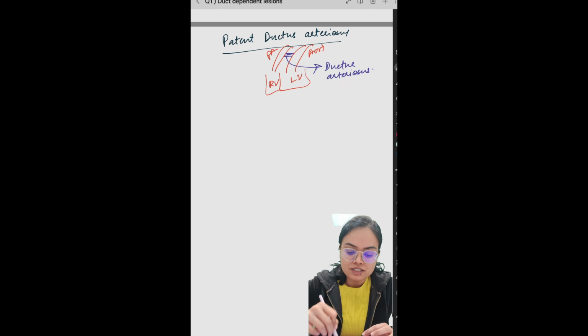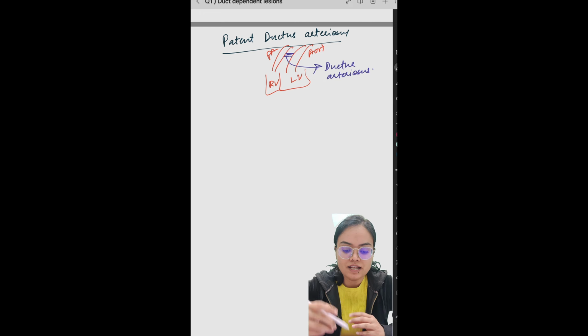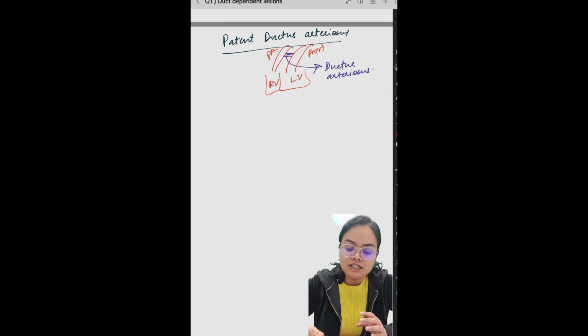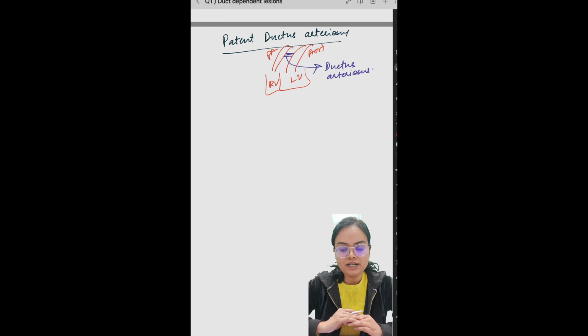During fetal circulation, this duct is important because the lungs are not functional and whatever blood is pumped from the right ventricle gets shunted to the descending aorta and there is further supply of blood to the whole body. So this duct has importance in intrauterine life.